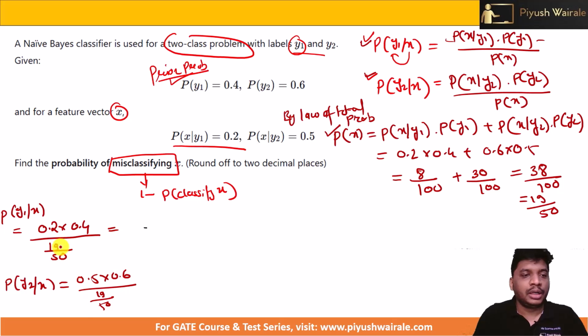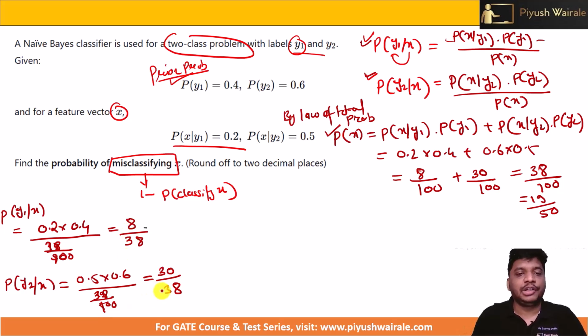Let's do one thing. It's 38 by 100 only, and here also 38 by 100. So the 100 will go in the numerator. That will become 8 divided by 38, and this will become 30 divided by 38 here. Right? So you can see here, 8 divided by 38 and 30 divided by 38.